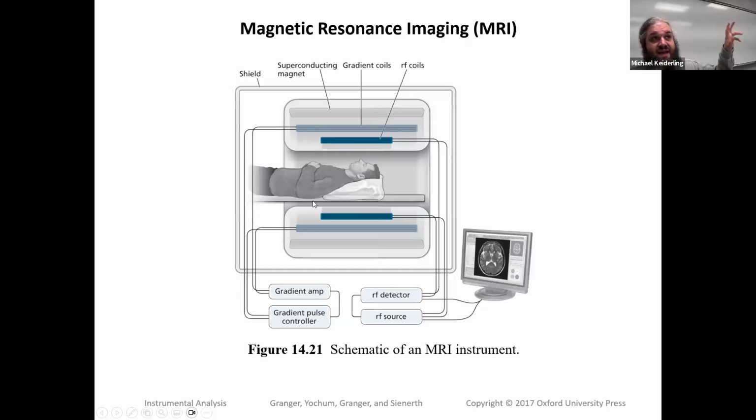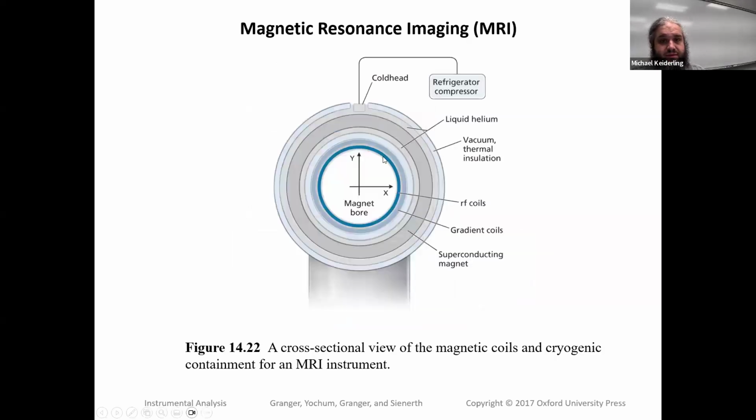So you don't get as much chemical information. You get mostly hydrogens, but for imaging, that's what you want to do. You want to identify things with hydrogens in them. And different peak patterns can identify different kinds of molecules better than others.